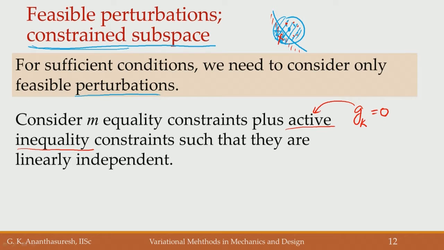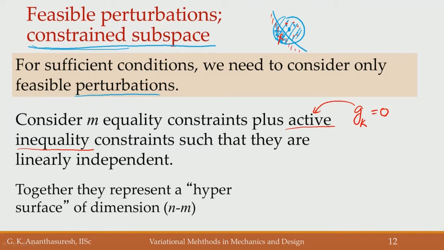Once you have an active inequality constraint, it is the same as an equality constraint, and if these constraints are linearly independent, which is a requirement that we call constraint qualification, then the perturbations should be chosen such a way that they lie on a hypersurface of dimension n minus m, because you have n variables and there are m equality constraints or active inequality constraints.